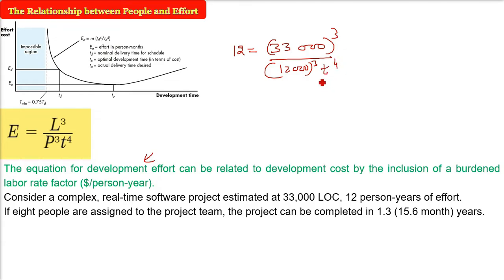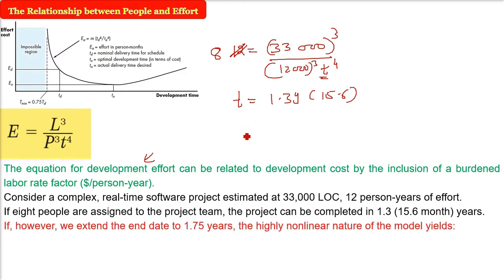So now, when you find out the time, some time will come. Now, if I make this 12 as 8, what will be the time? The time will be 1.3 years, that is equivalent to 15.6 months. You can do this mathematics.